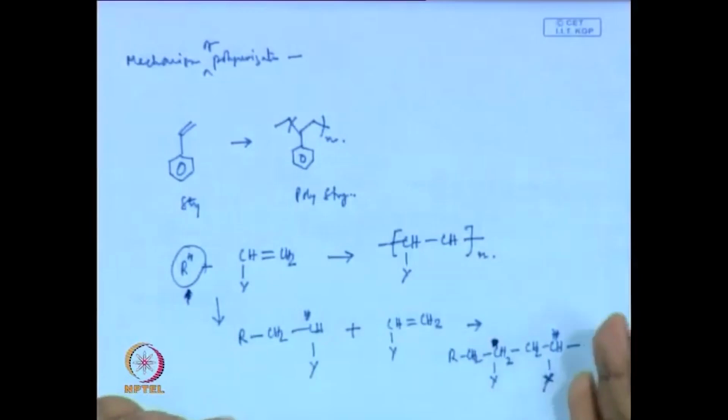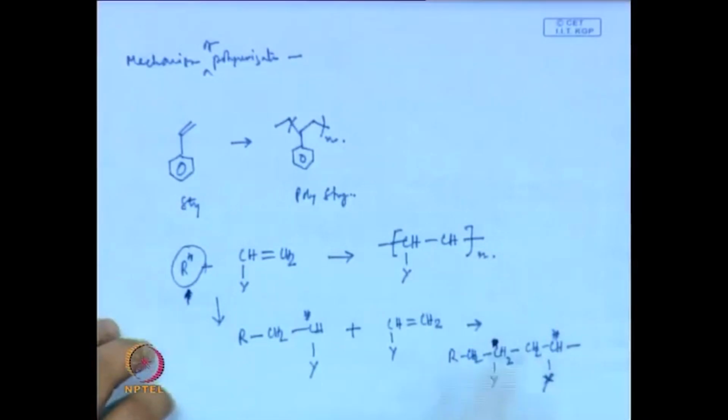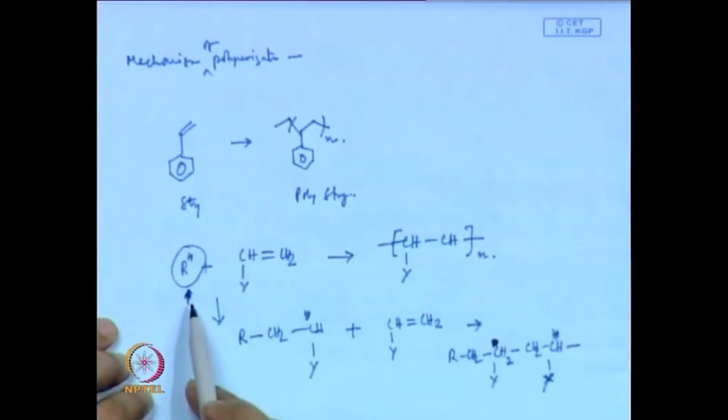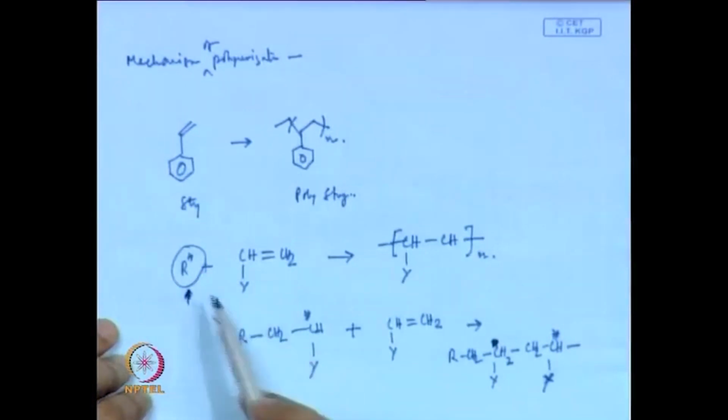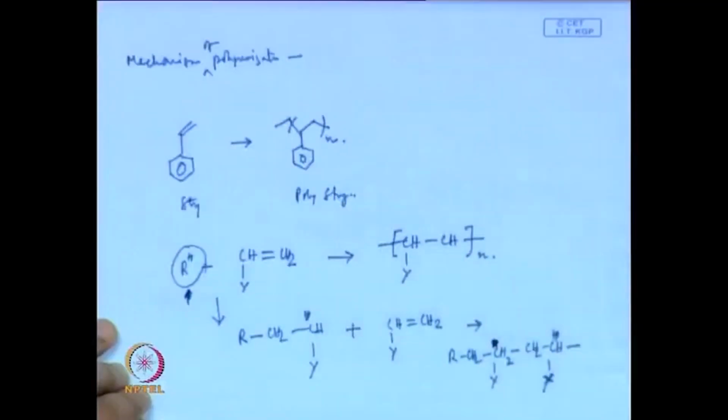I will come to more detail on how this gets terminated and all these things, but for the time being you should understand that more often, as soon as this active center is generated, it reacts, initiates the chain and the chain is formed. So, the more and more initiator gets generated in a system, more and more chains are formed.